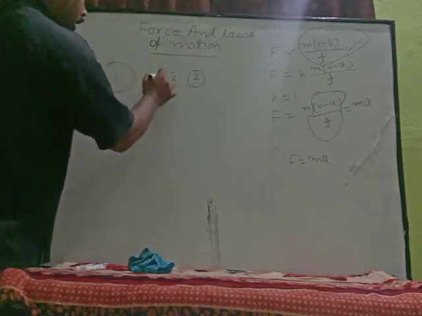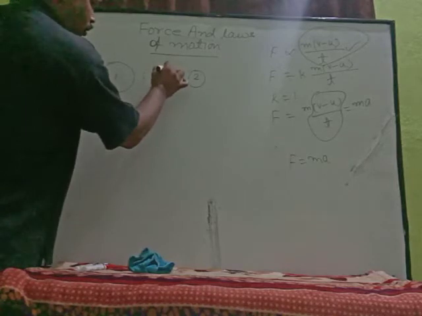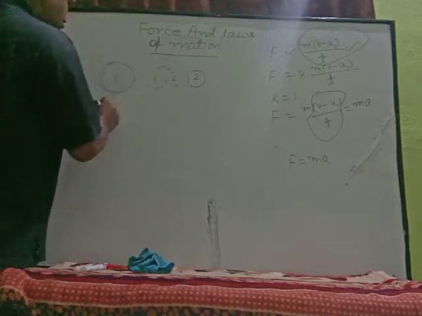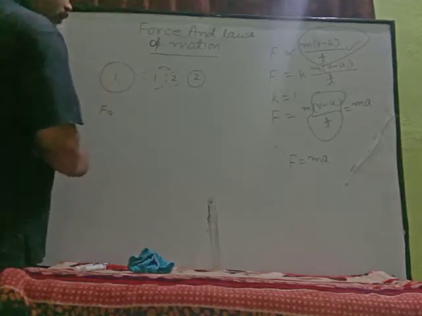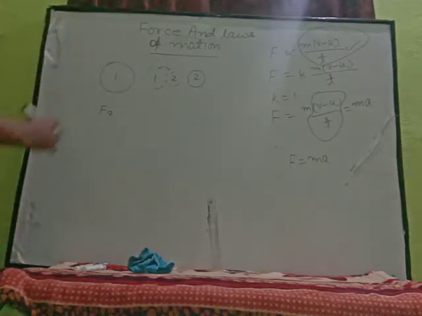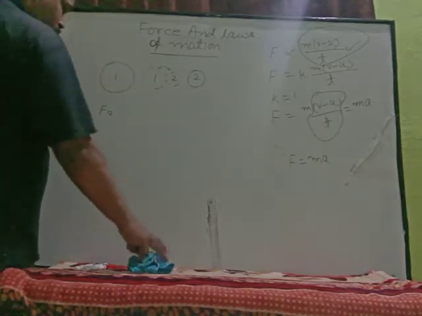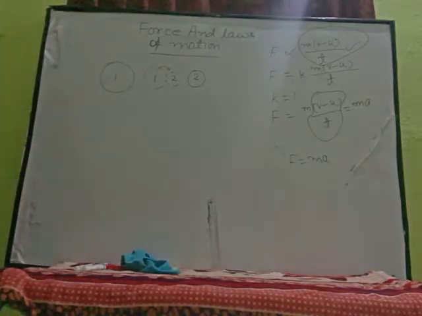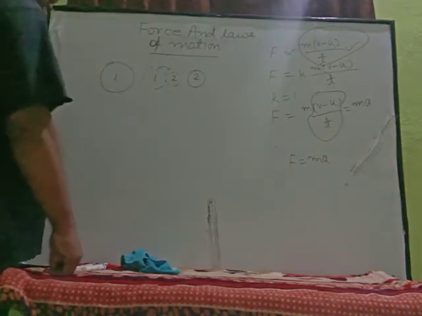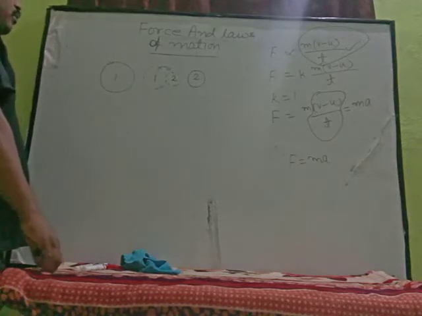So force exerted by body 1 on body 2 will be F12. Clear? Moreover, now suppose we discuss its momentum. In terms of momentum, now we should understand. Because we all know that rate of change in momentum remains always constant.